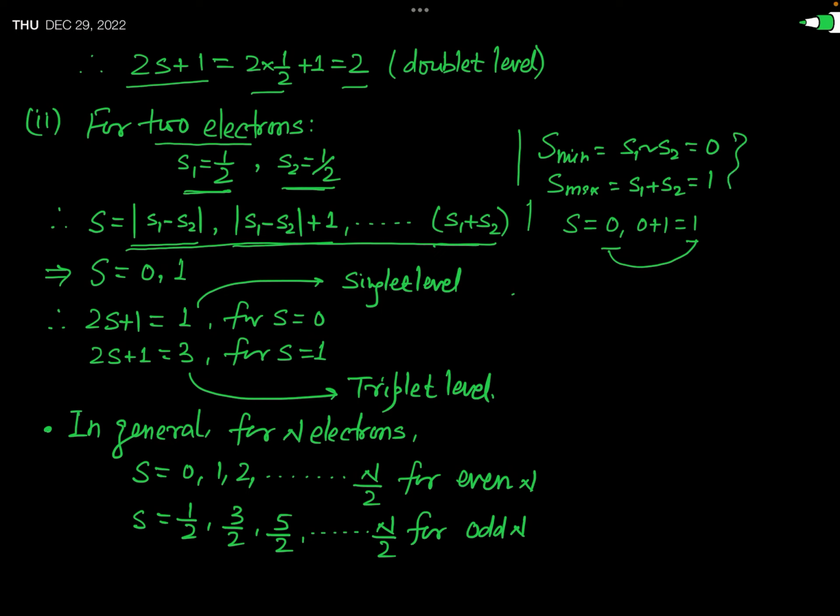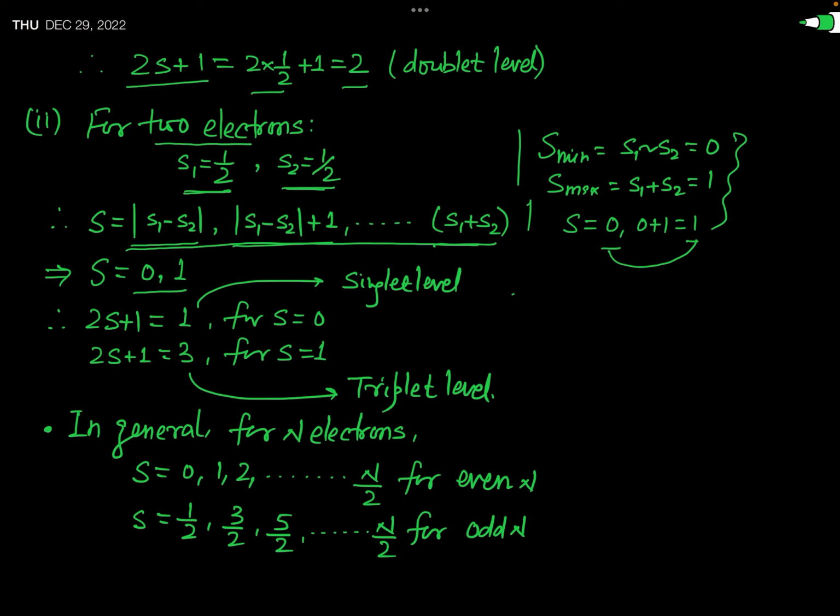You can easily find this by first finding the minimum value and then the maximum value, and it runs from minimum to maximum just by adding 1. So in this condition, S is equal to 0 and 1.